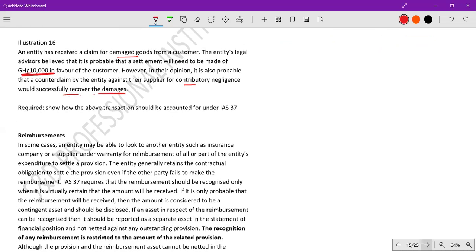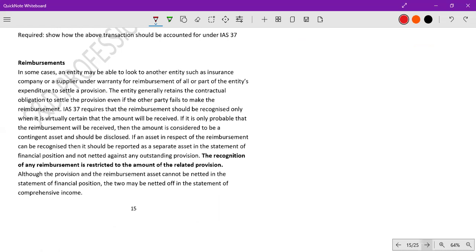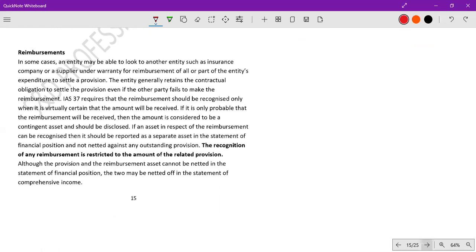Reimbursement is about insurance. There is a fire outbreak, and you have insured your property and reported to your insurance provider, and they have accepted the liability.